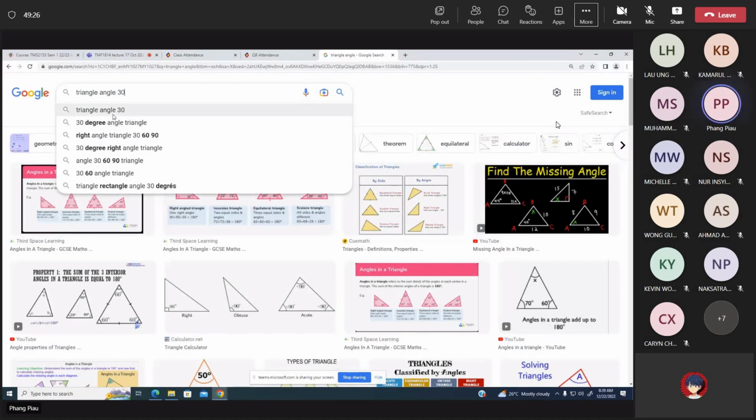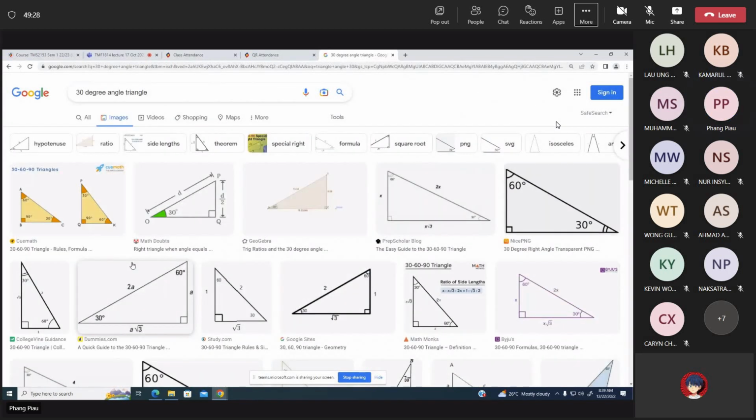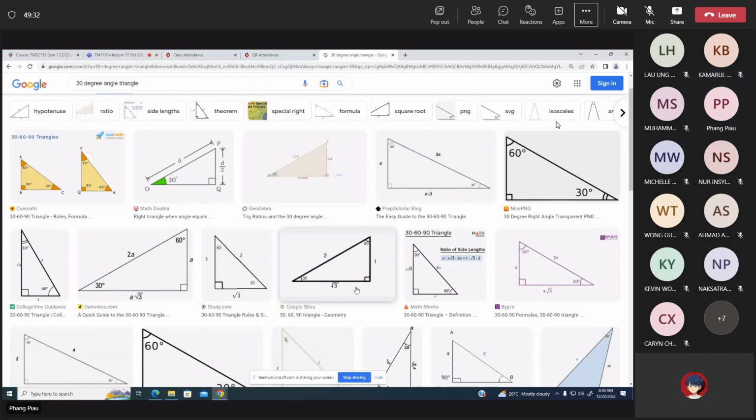Degree. Everything can be Googled. So this is 1, this is 2.